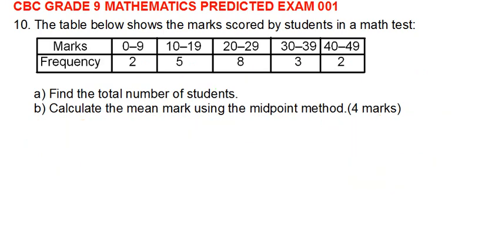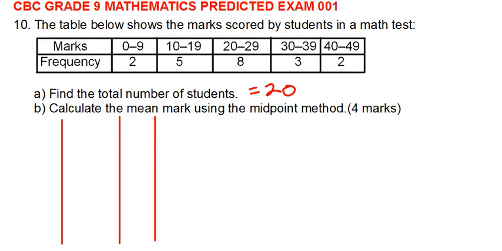Alternatively, we have seen that the summation of the number of students is 20. You can use a table, which makes your work more presentable. We call it a frequency distribution table. We use columns and rows.